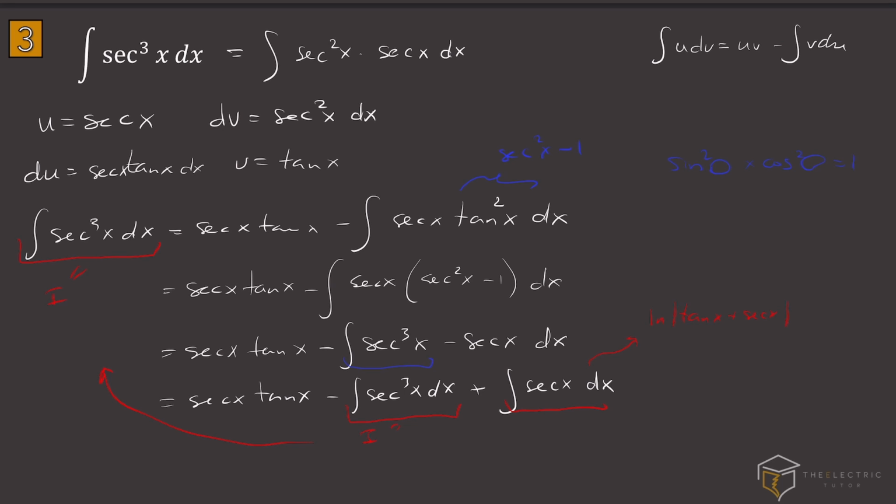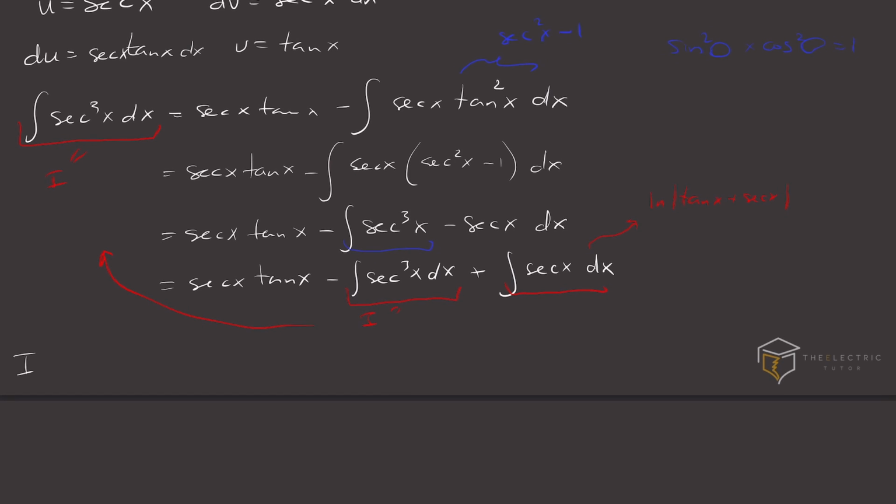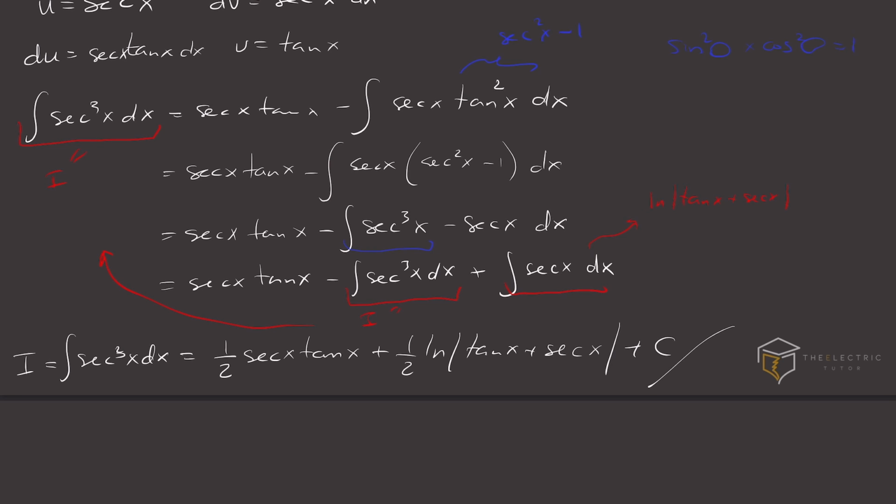And therefore, our final result is going to be I, or just the integral of secant cubed x dx, equals 1/2 secant x tangent x plus 1/2 natural log absolute value tangent x plus secant x plus c. And we're done with our examples.